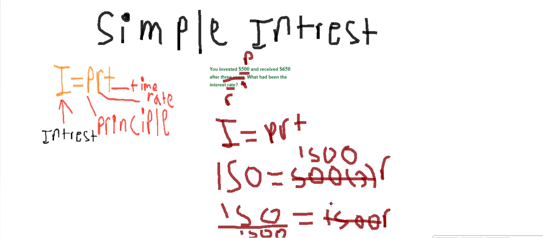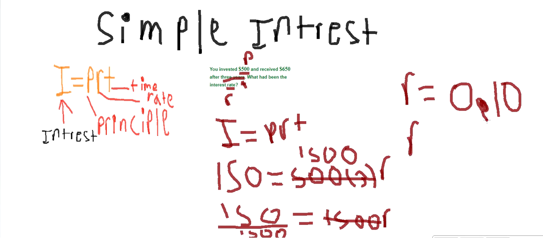And you get the fact that R is equal to 0.10, which if you convert it to a percent, you have 10%. That was your investment rate at your bank.